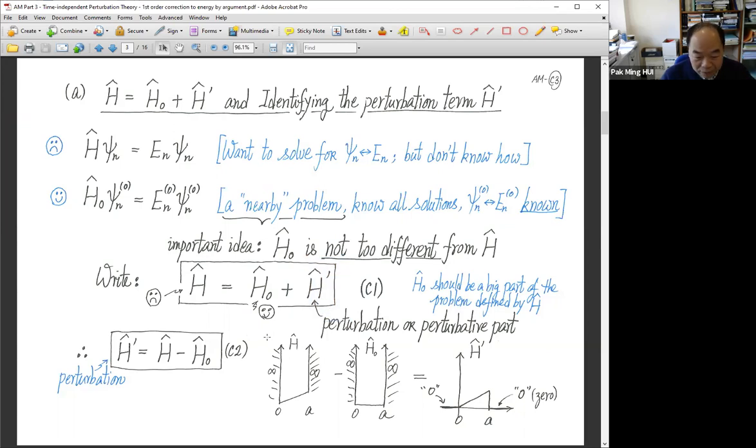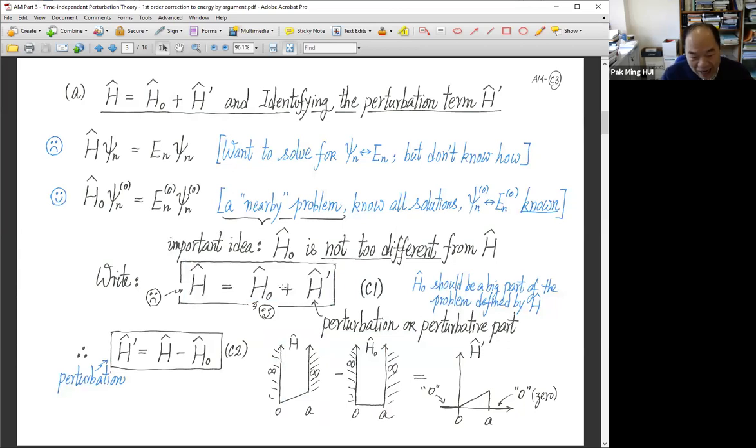Example. If this is the actual problem and this is your H0, you know how to solve this. The definition of H prime is H minus H0, right? From here, you know how to define H prime. Put it to the other side.